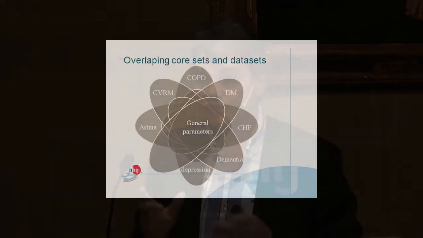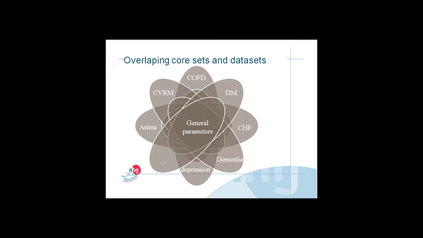What we do now with these core sets that I was just discussing, this pyramid that I showed you, is try to make them similar for the several diseases, because you always have some of the indicators that overlap. At least they should not be contradictory or different.